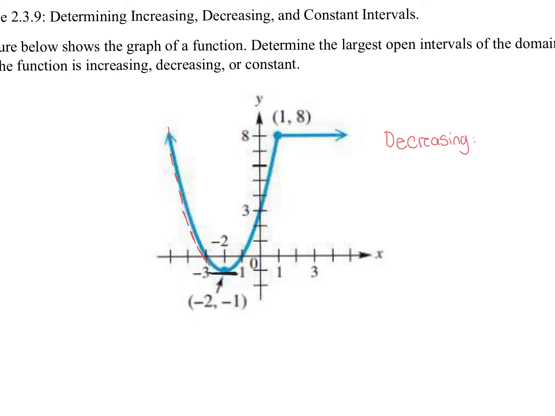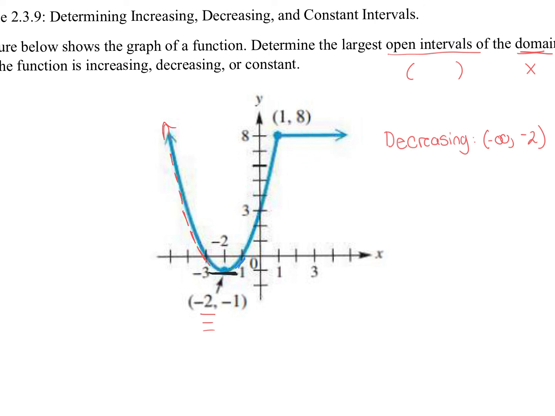The graph goes on forever, so I'm decreasing from negative infinity all the way until I get to this x value, -2. When we write these, we are writing open intervals, which means we're only using parentheses, never a bracket, and they are intervals, so from one x value to the other.